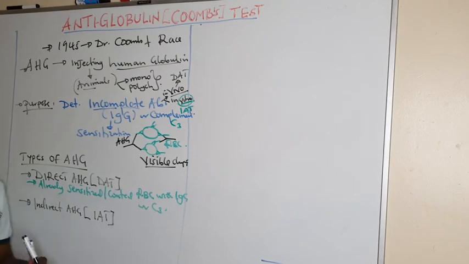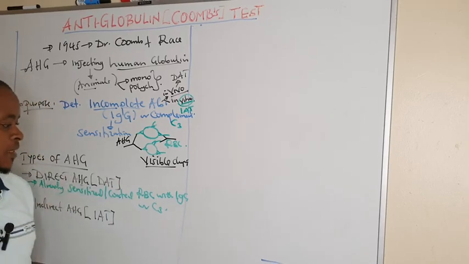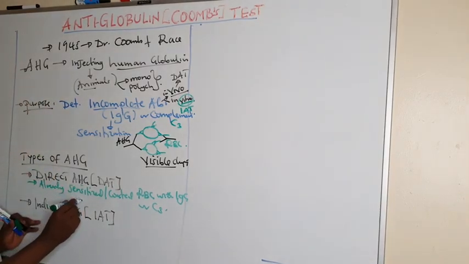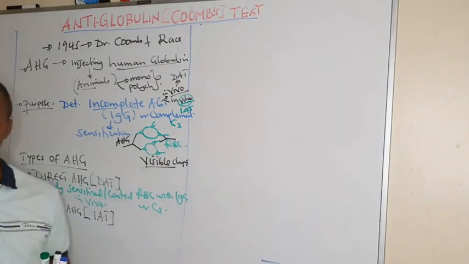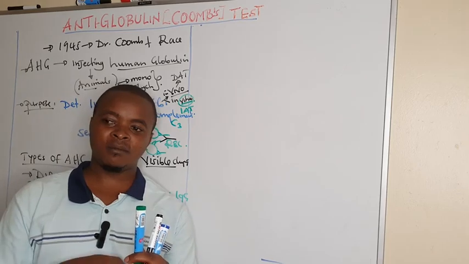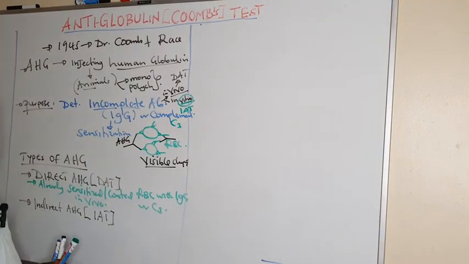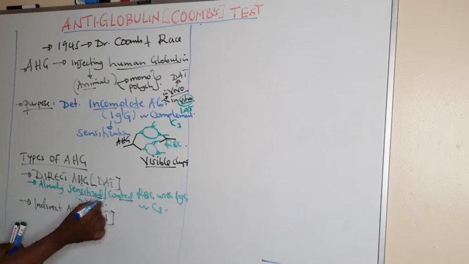So it is used to demonstrate already sensitized RBCs in vivo, that is inside the body. In this test, we only collect blood, then we add anti-human globulin to demonstrate these already sensitized cells within the body.